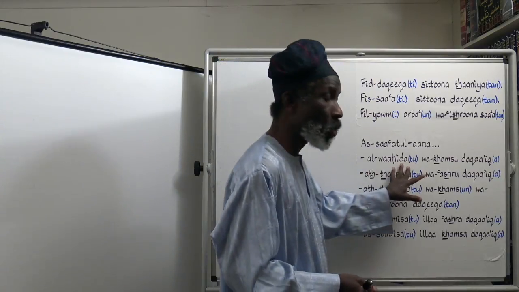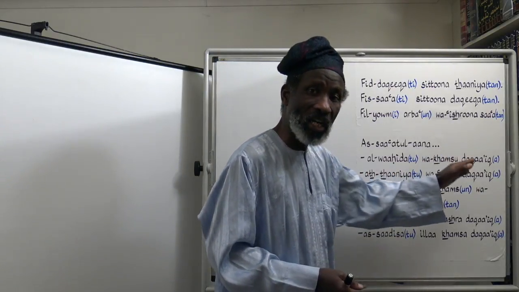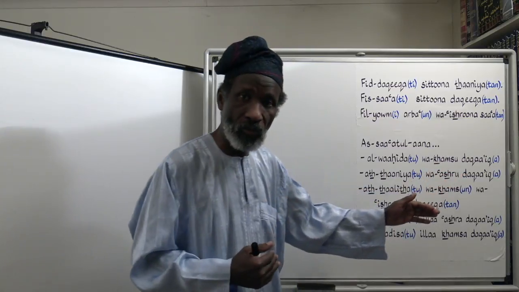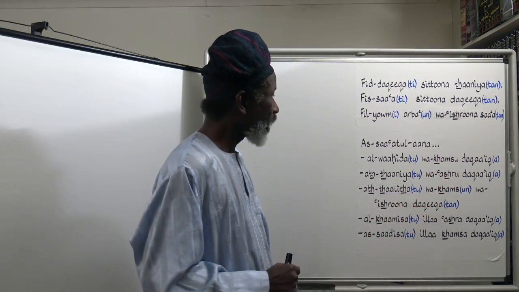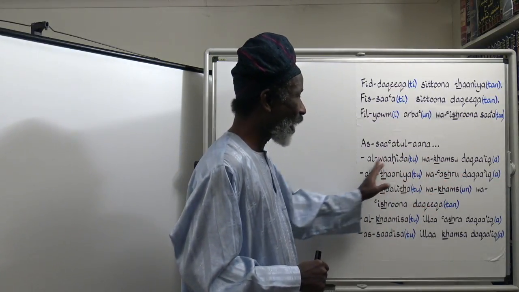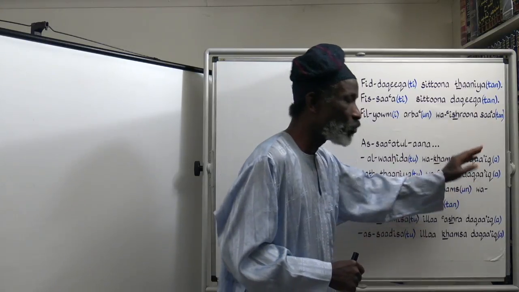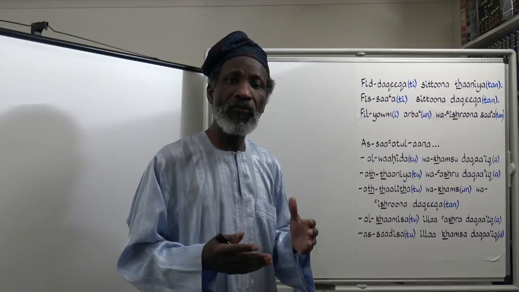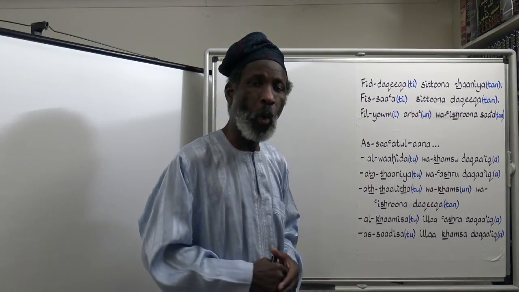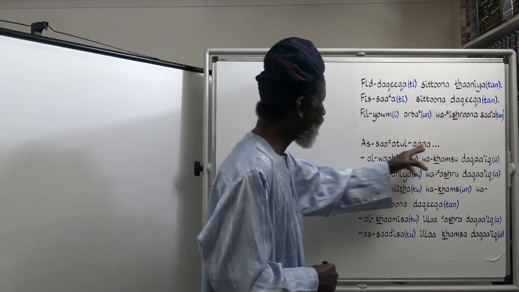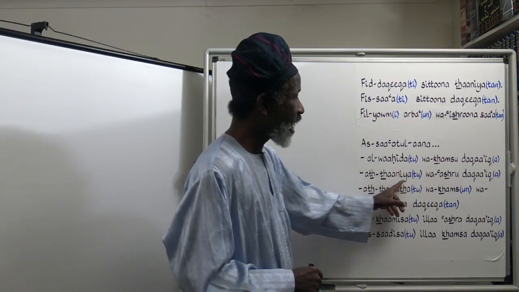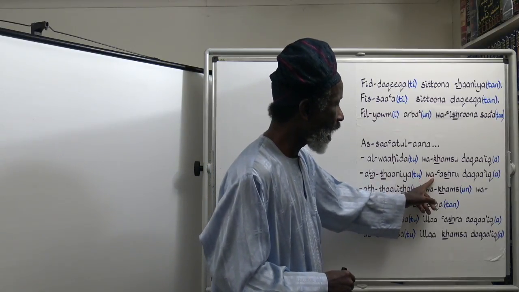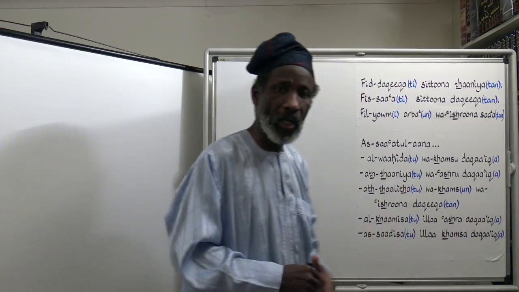Remember, you mention the whole hour first, and then you add to it, or you deduct from it if it is less. الساعة الآن الواحدة وخمس دقائق. The time now is 5 minutes past 1. الساعة الآن الثانية وعشر دقائق.